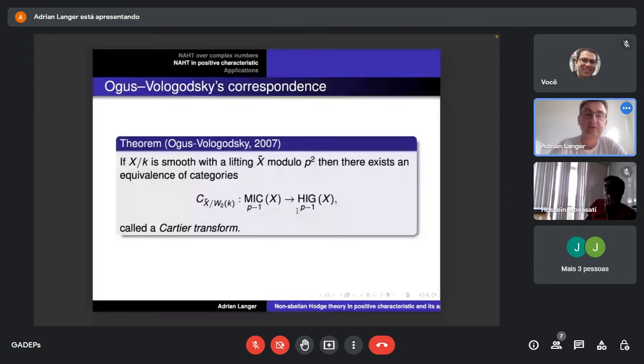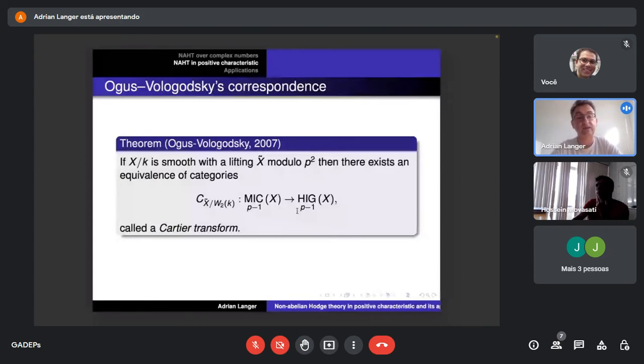You have a lifting to the ring of Witt vectors of length at most 2. So in case, say, when you had F_p, then you would lift it to Z modulo p squared, but you can do this for any algebraically closed field and then lift it modulo this p squared.